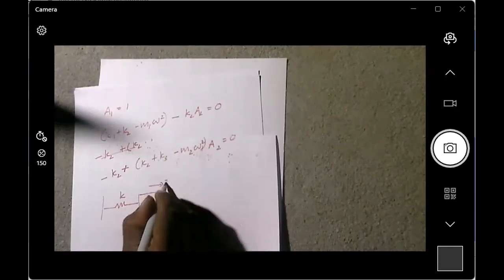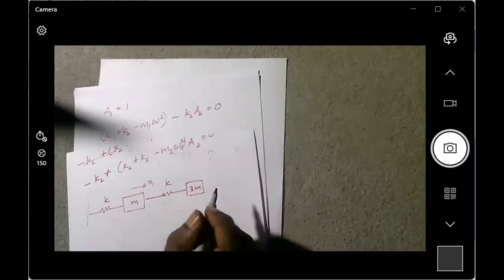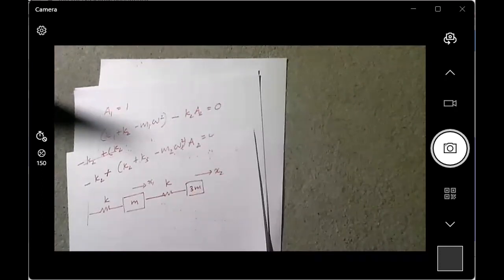Spring, the constant is K, first mass is M, displacement x1, another spring, again the value is K, and the next mass is 3 times M, displacement is x2. Now can you quickly write the governing equation for this system?